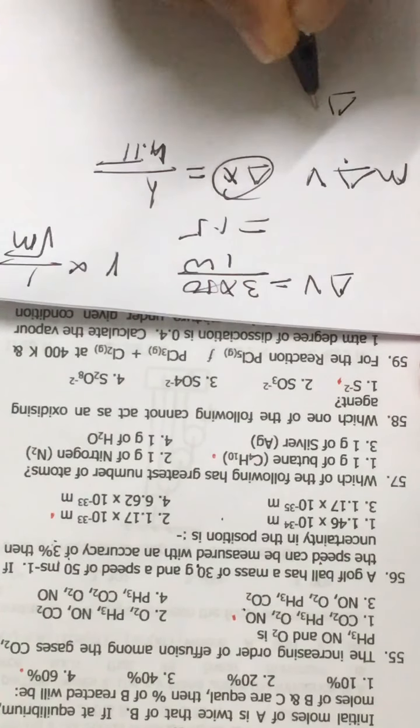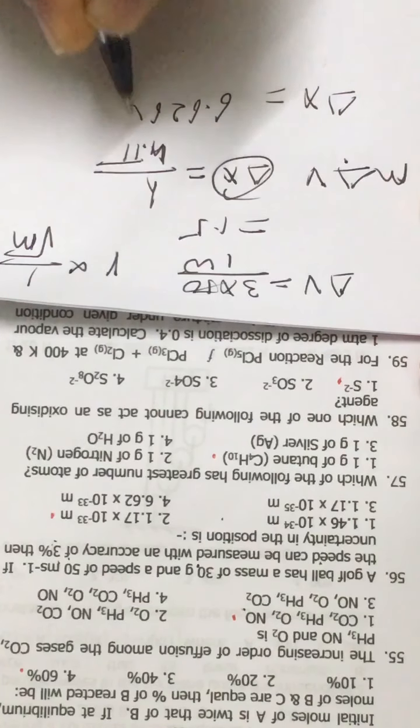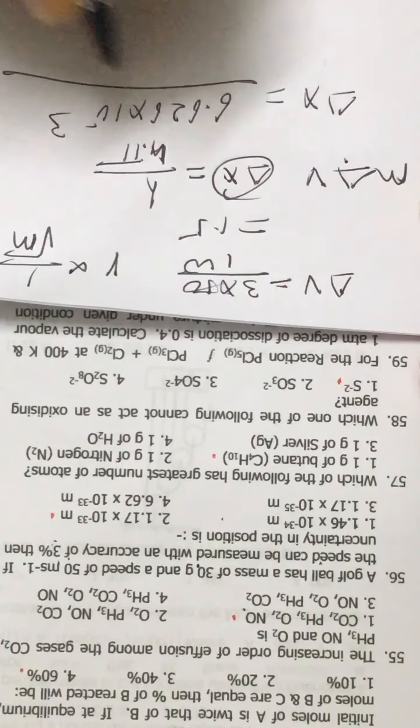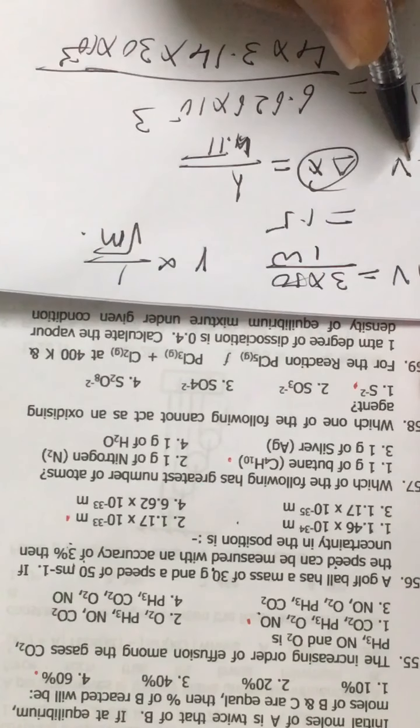So h, Planck's constant, is 6.626 into 10 raised to power minus 34, divided by 4 pi, with pi value 3.14, into m, that is 30 into 10 raised to power minus 3 kg. And now we are left with delta V, that is 1.5 into 1.5. If you solve this much, you will get around 1.17 into 10 raised to power minus 33.